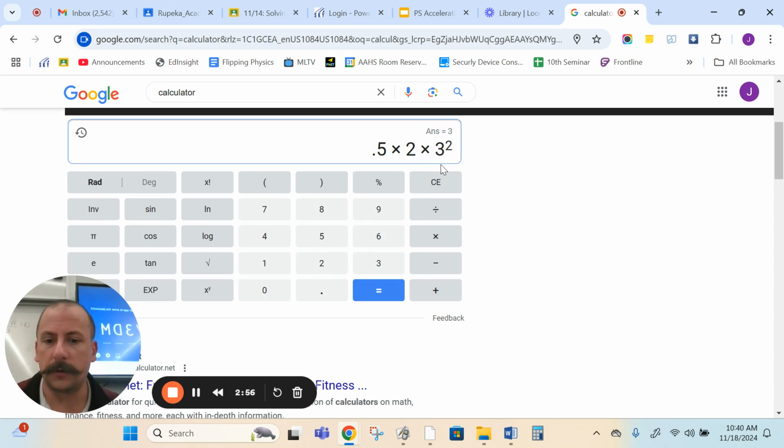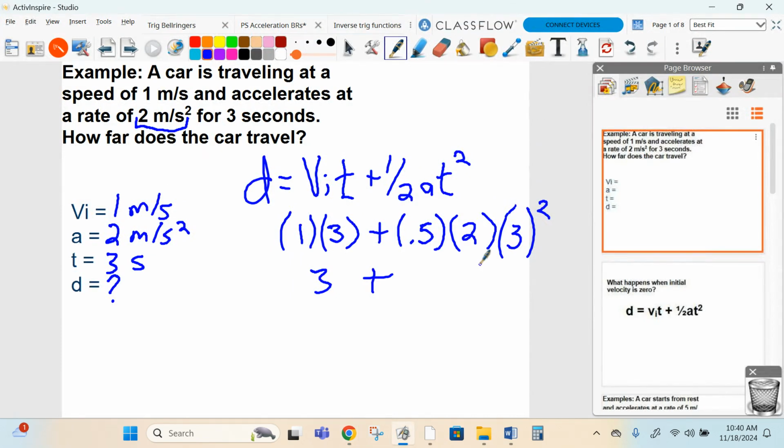I do not want to do equals and then square everything, because that's going to give me 9 as an answer. Now I can do this in my head too. Half of 2, which is 1, multiplied by 3 times 3, which would be 9. And the distance then is equal to 12 meters.